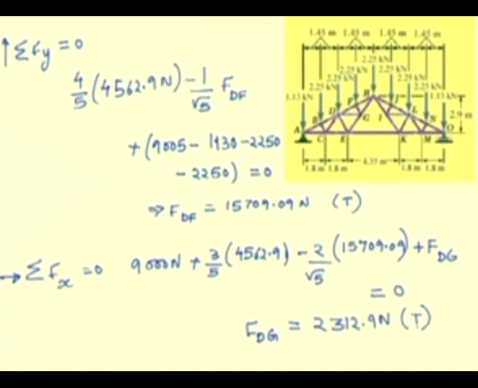So, we have seen how to use the method of sections to solve compound trusses. Any problem on trusses, either a simple truss or a compound truss, can be solved for determining the internal forces if the problem is statically determinate, by the method of joints or the method of sections.